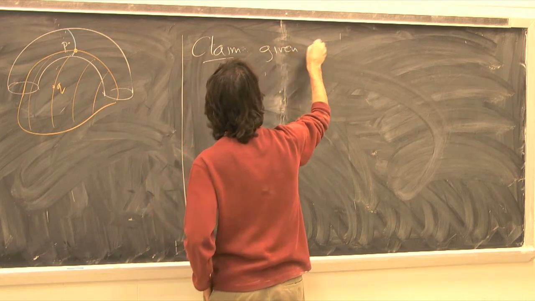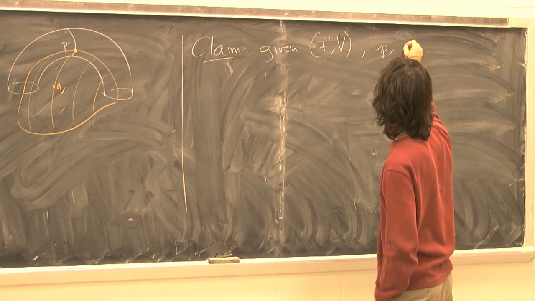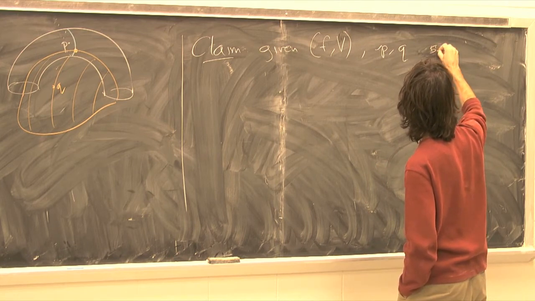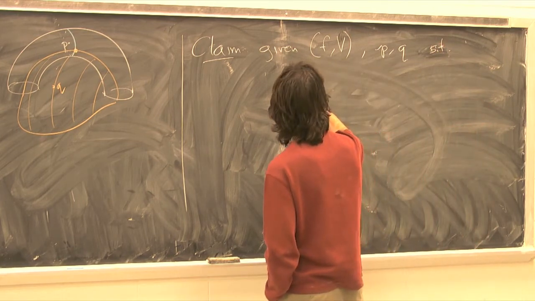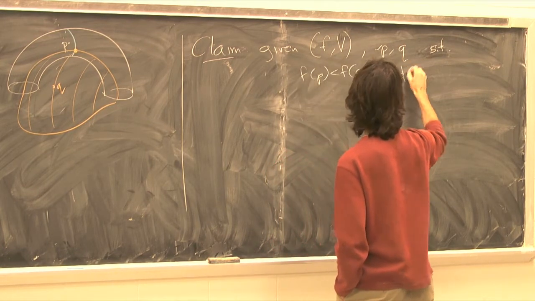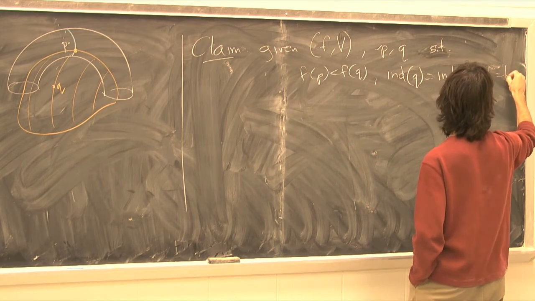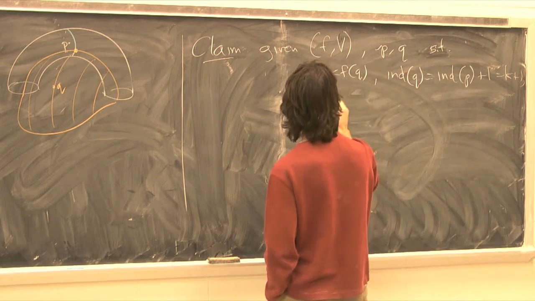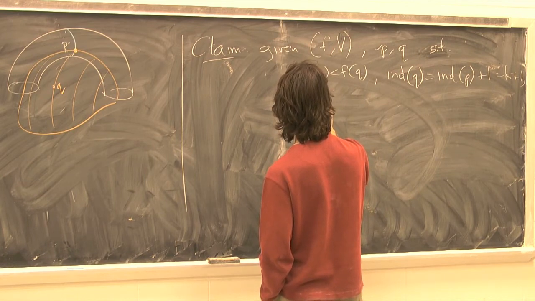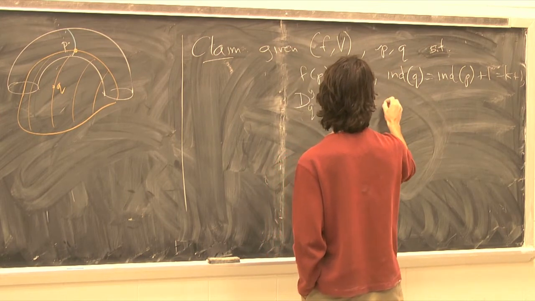Given, let's say, F and the gradient vector field V, and then P and Q critical points, such that P less than Q, index Q equals index P plus 1, and the descending manifold for Q at level Y intersects the ascending manifold for P at level Y at one point.